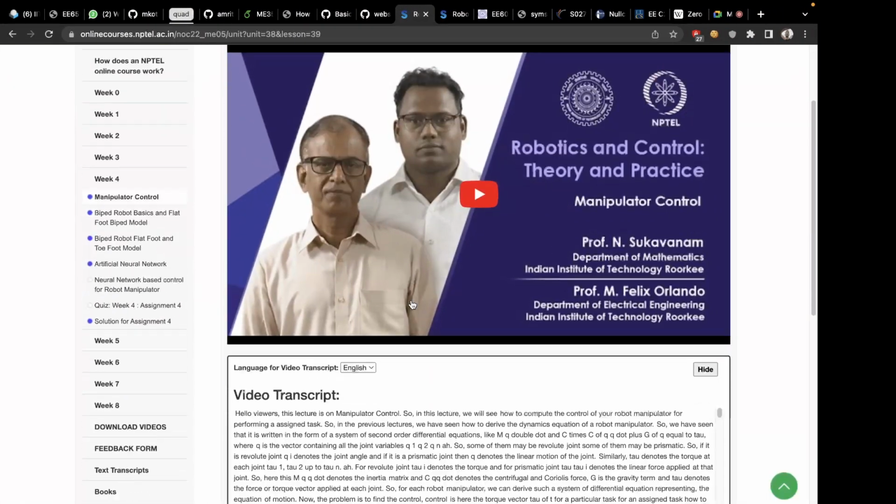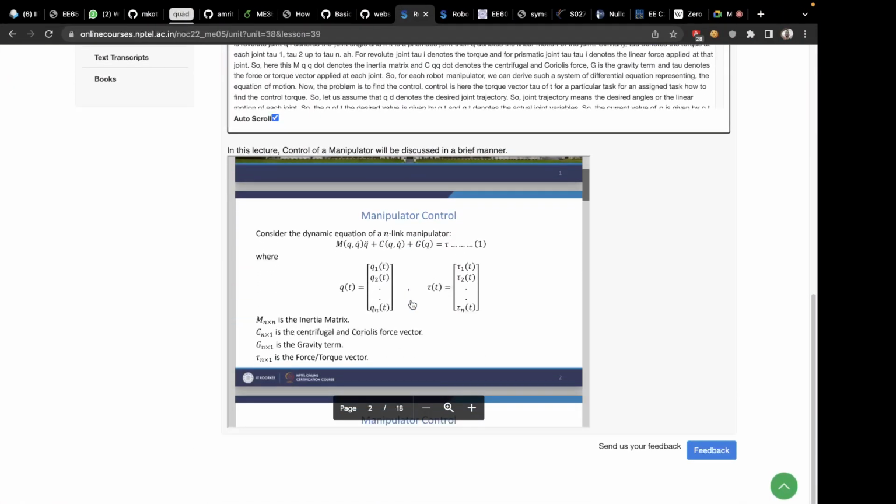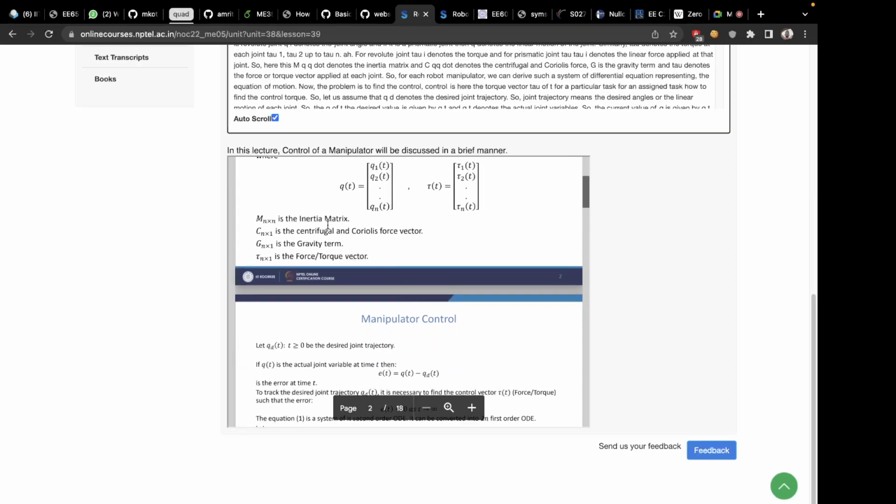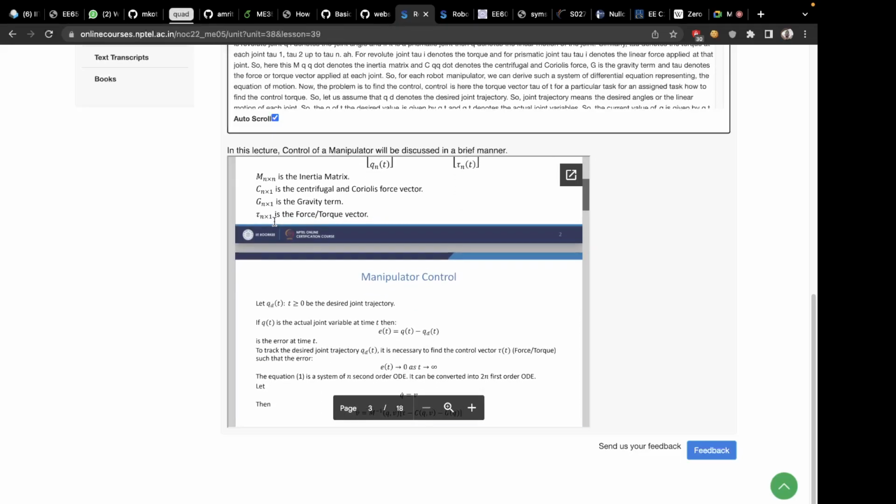Right, so yeah, M is the inertia matrix, it's a square matrix, and it's always positive definite, right?